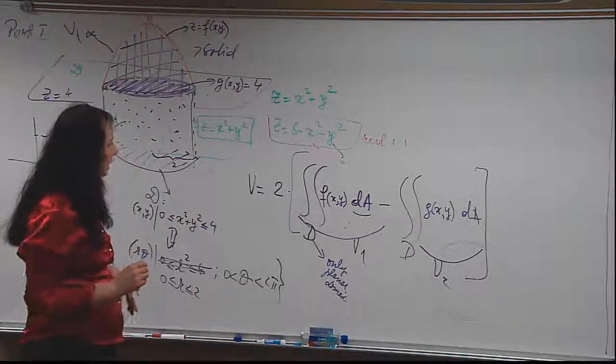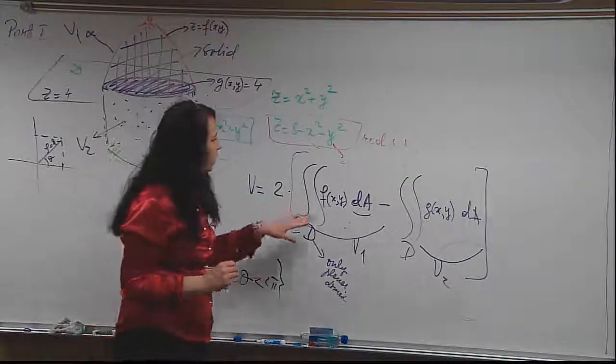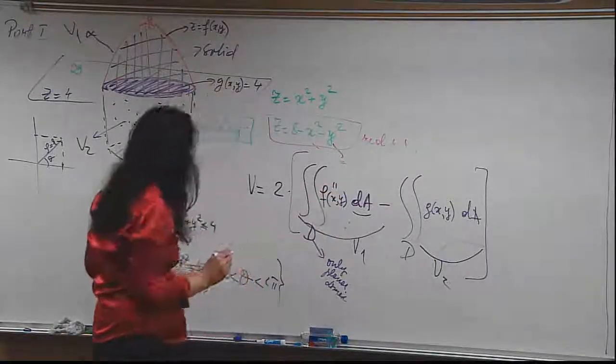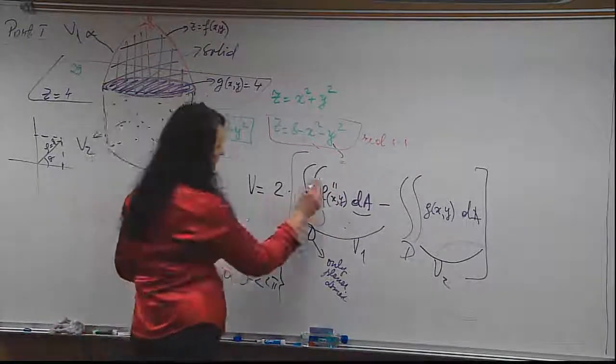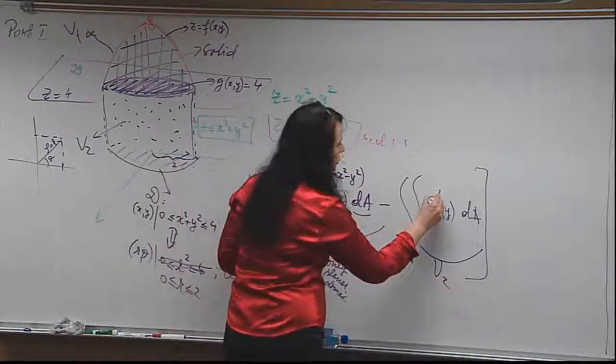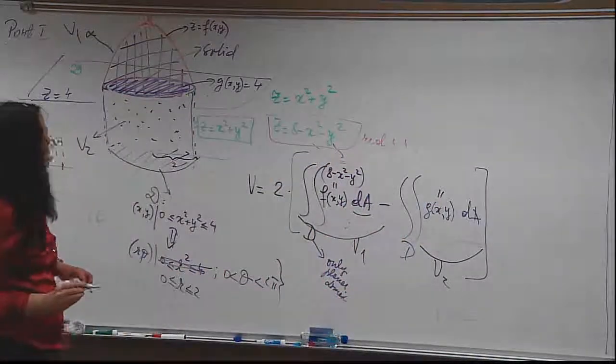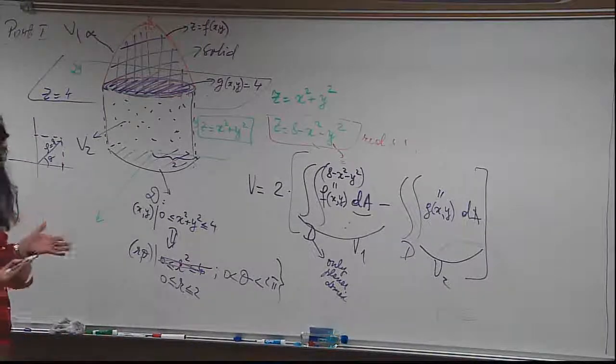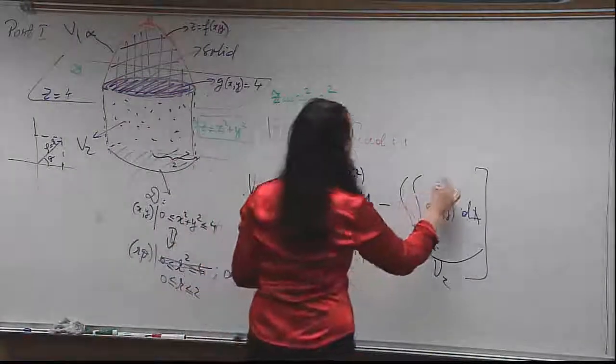Okie-dokie. So, is this hard? It shouldn't be hard. F of xy, can you guys tell me who that is? A minus x squared minus y squared. And who is G? 4. Just the altitude, 4.